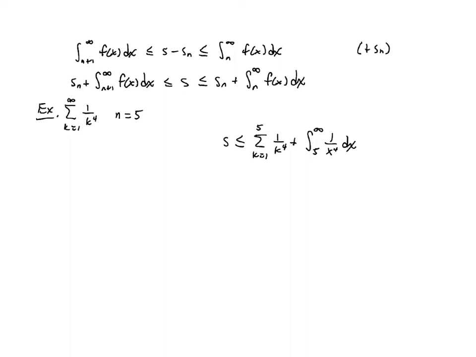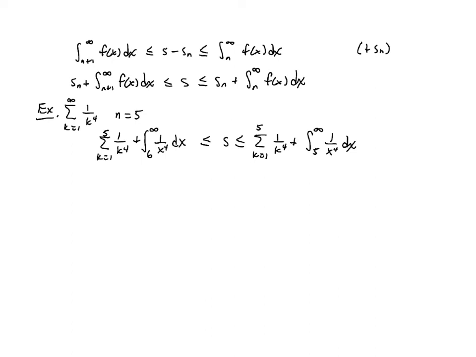And this is greater than or equal to that same partial sum, k equals 1 to 5, 1 over k to the fourth, plus the integral from 6 to infinity of 1 over x to the fourth dx.